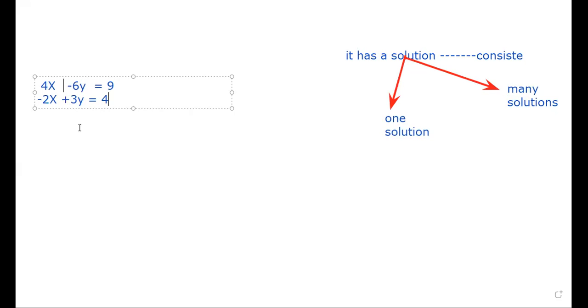Okay, if we want to solve this by graphing, we have to rearrange it, like Hannah said at the beginning, to put it in slope intercept form. Let me remind you, what is the slope intercept form?